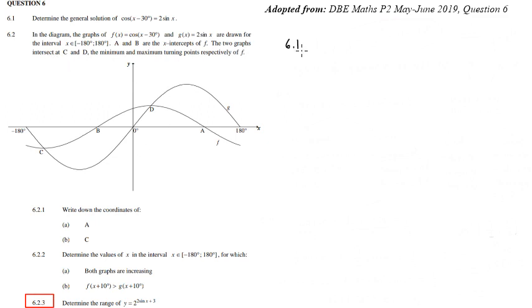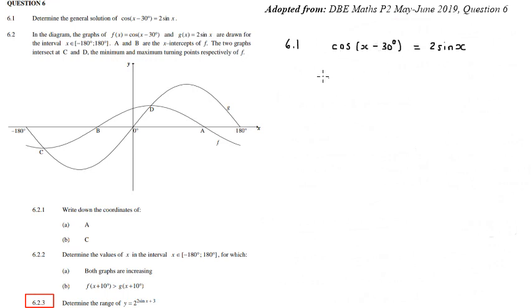So if we go back to our question, we had the cosine of x minus 30 degrees. We want to know when this is equal to 2 sine of x. We already identified that what we have here is different angles and we have coefficients, so we have to expand out this compound angle.